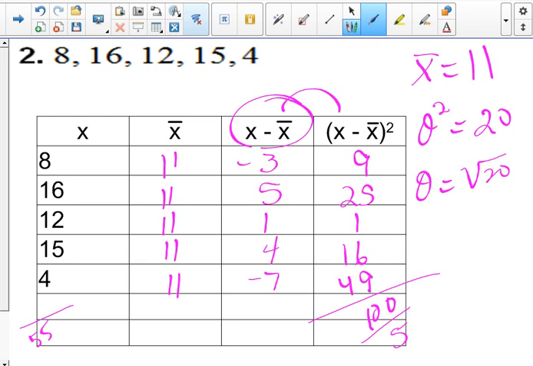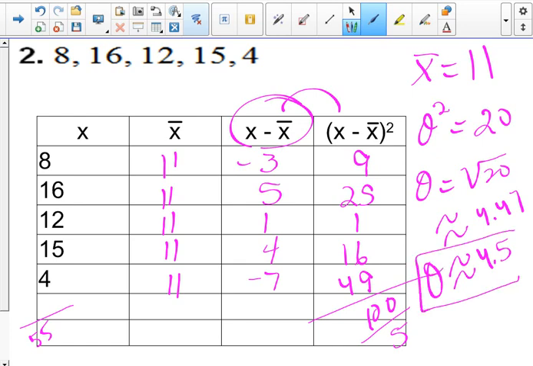Square root of 20 is equal to, alternate answer, 4.47 blah blah blah. So I'm going to say about 4.47, okay? Or let's go ahead and round to 1 decimal place, 4.5, okay? So there's our sigma.